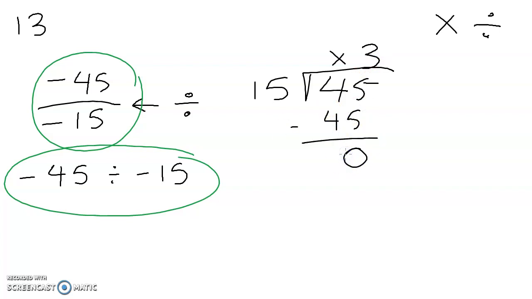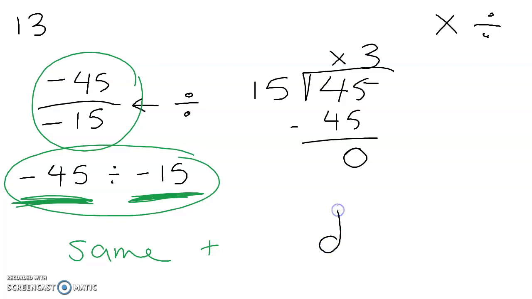So my answer is going to be 3, and the sign of that answer is going to be determined by the sign of my original numbers. My original numbers were negative and negative. So that means I've divided numbers with the same sign. So that means my answer is going to be positive. So my answer for D is going to be a positive 3, or just 3.